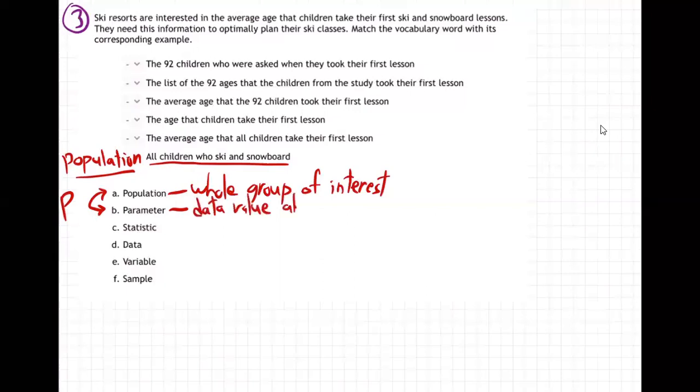So the P goes with the P. And in a minute, I'm going to show you how the S goes with the S. But for right now, the parameter is a number, a data value, but it's from the whole population.